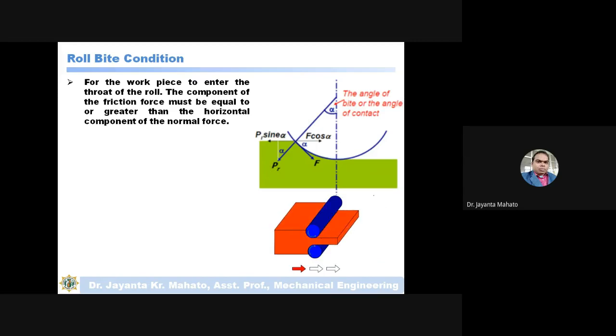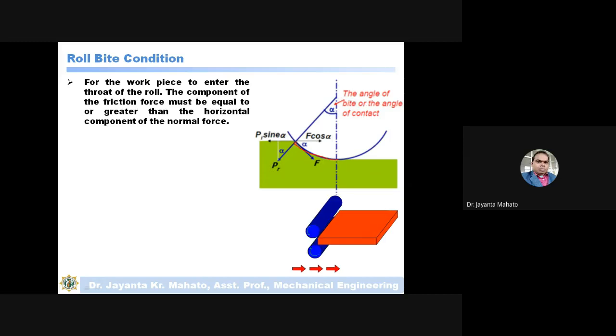Now, the roll bite condition. Roll bite condition means how much the material will bite. I think you know the terminology: bite means at a time how much material will bite. So in this rolling process, this contact area will bite at a time.